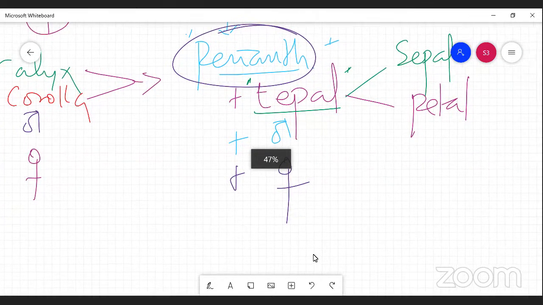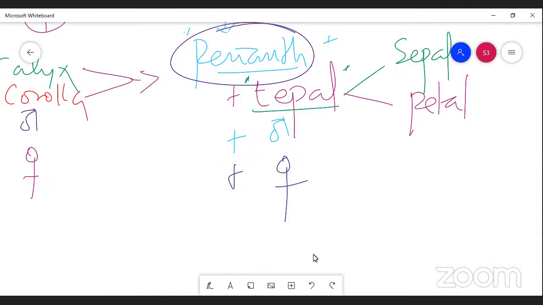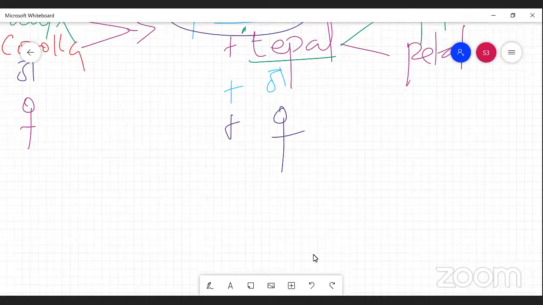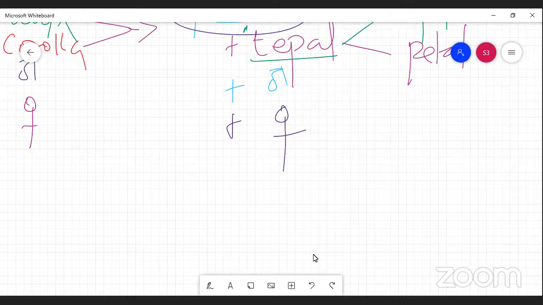The perianth consists of a group of tepals. Based on the fusion of tepals, that is, the presence or absence of fused tepals, it is broadly divided into two types. They are polyphyllous and gamophyllous.